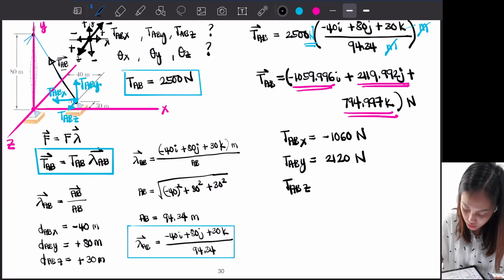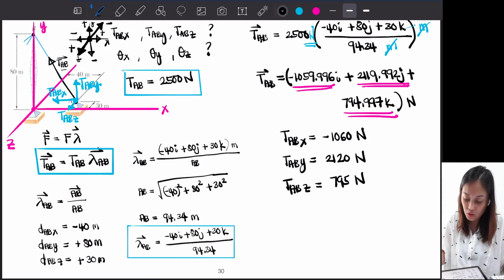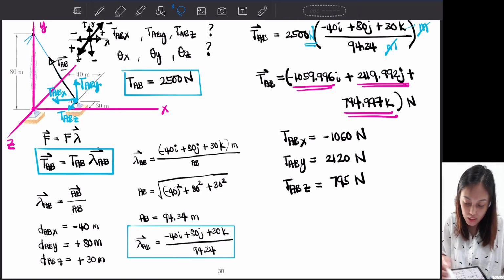TAB along the z-axis is 795 newtons. So now we have the components along the x, y, and z-axis.